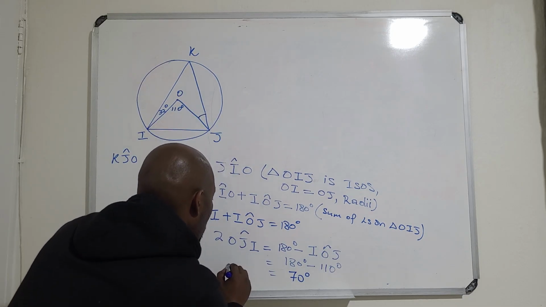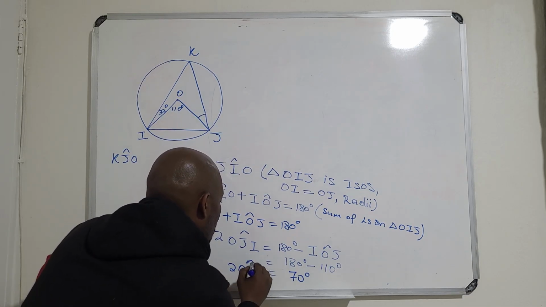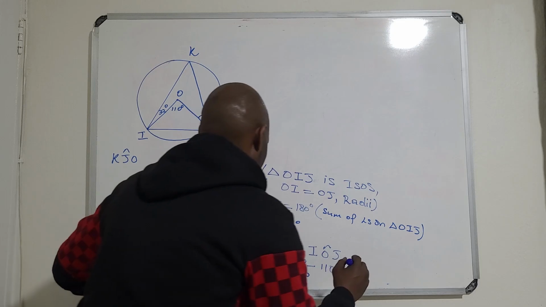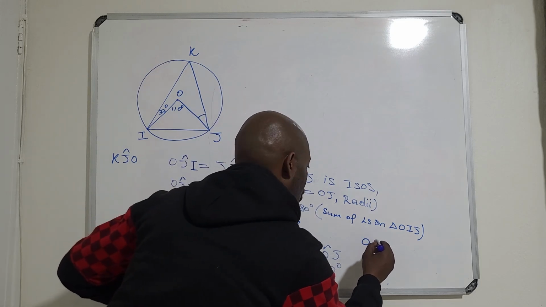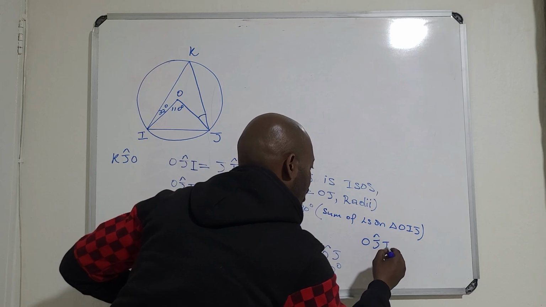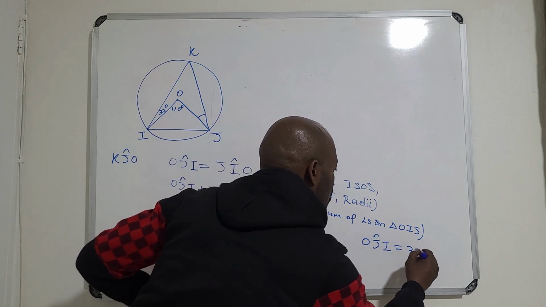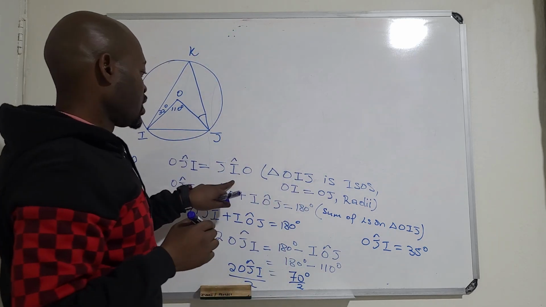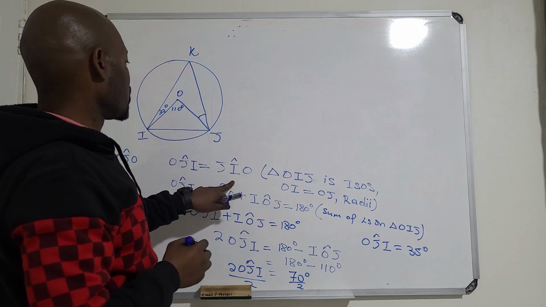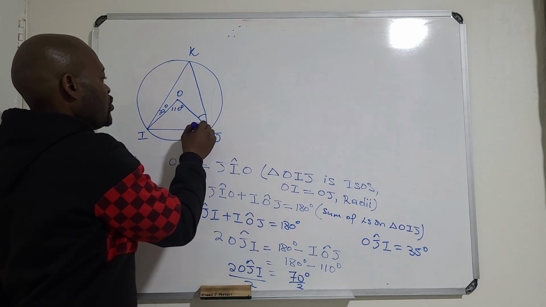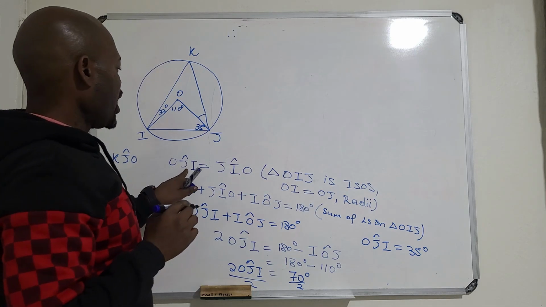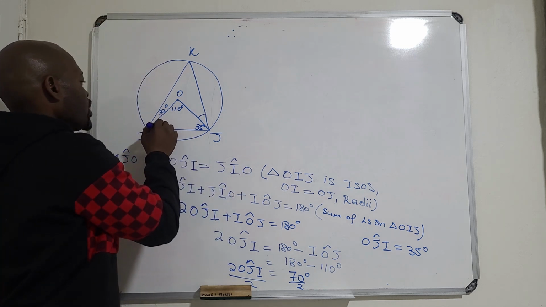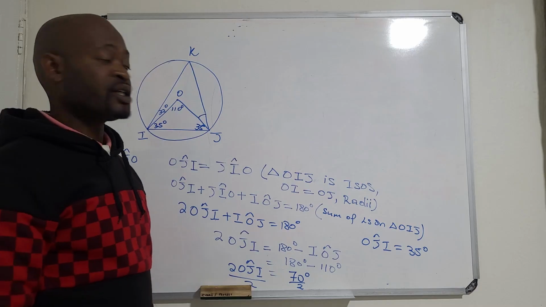Since we are looking for angle OJI, we divide by 2, divide by 2. Therefore, angle OJI is equal to 35 degrees. So it means that here we've got 35 degrees. Since angle OJI is equal to angle JIO, it means that also here we've got 35 degrees.